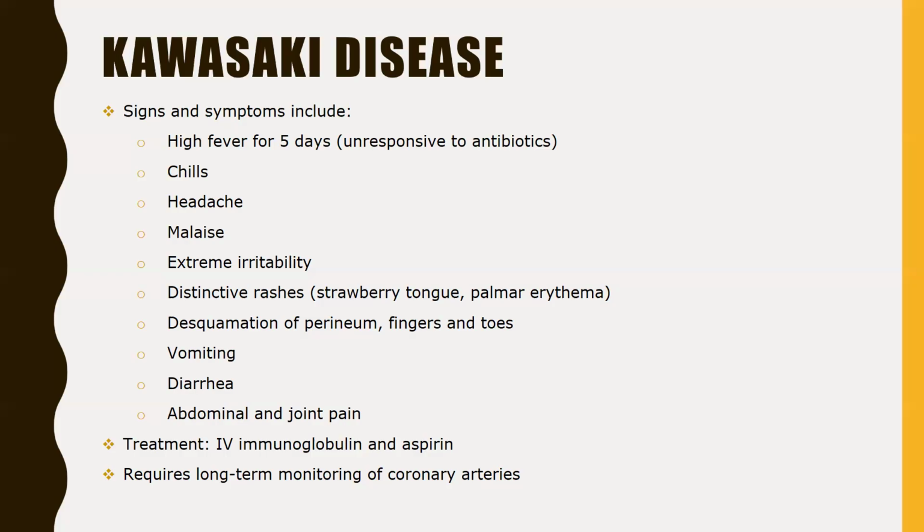So that completely impairs the structure of the vessel wall and causes all these problems. Now, some kids may never develop coronary artery changes, while others get your aneurysm or other sequelae.